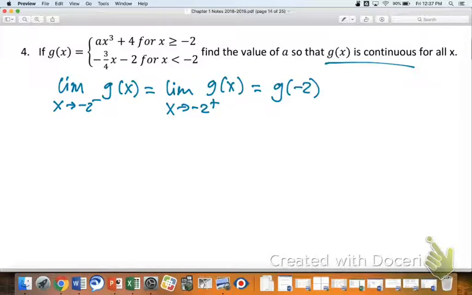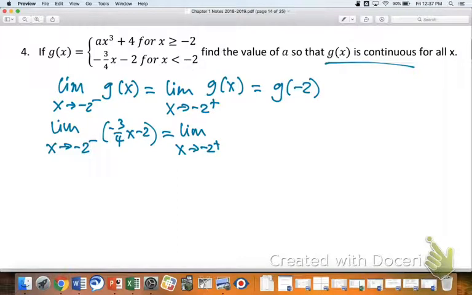Okay, so the left piece is the line. So I'll put in a little extra step here. I'll say the limit as x approaches negative 2 from the left of negative 3/4 x minus 2 then has to equal the limit as x approaches negative 2 from the right. This is the cubic, ax cubed plus 4.